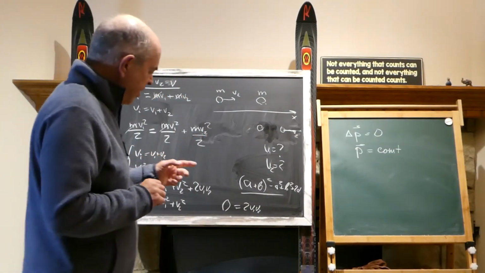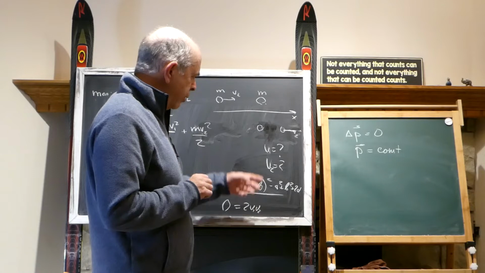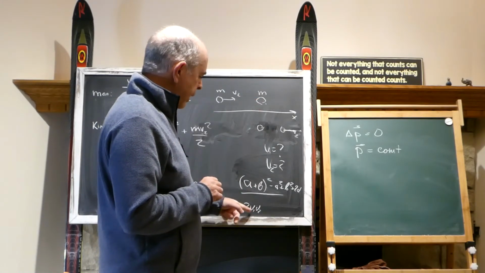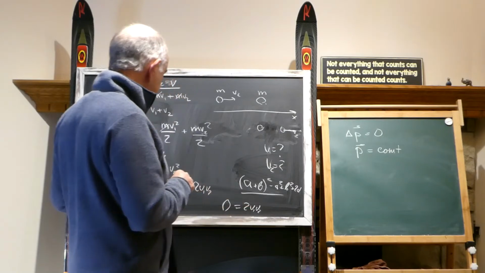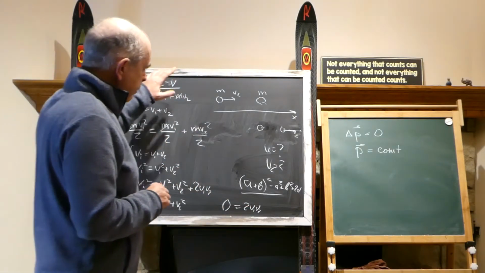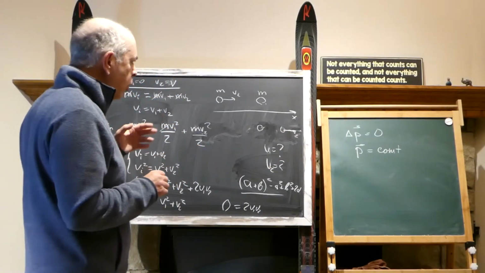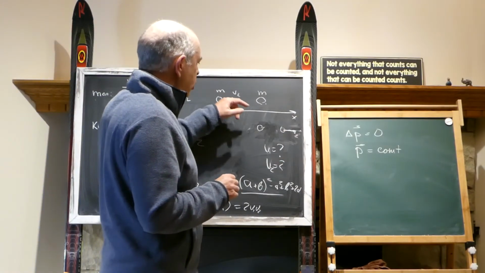Of course, it's possible that v2 is 0, but how can this be? That means this body stops and this body has v1 equals v. That means the first body goes through the second body. It's impossible. This body is always behind.